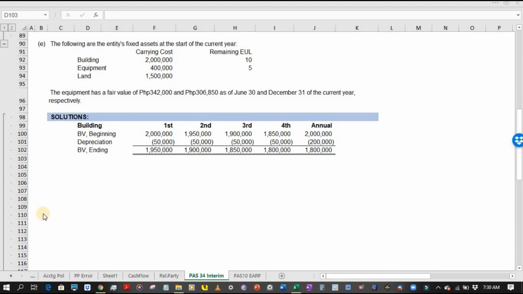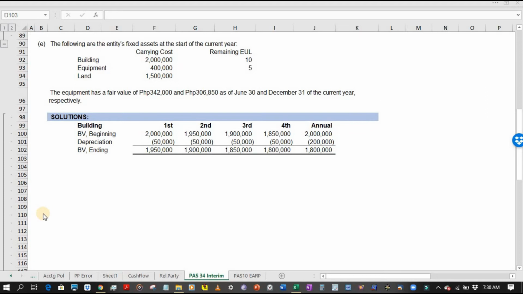For this purpose, we are going to compare these fair values with the carrying value that will be computed for June 30 and December 31, and determine whether there will be an impairment loss to be recognized. If there is an impairment loss, the carrying value will be revised, and of course the depreciation expense will be revised.